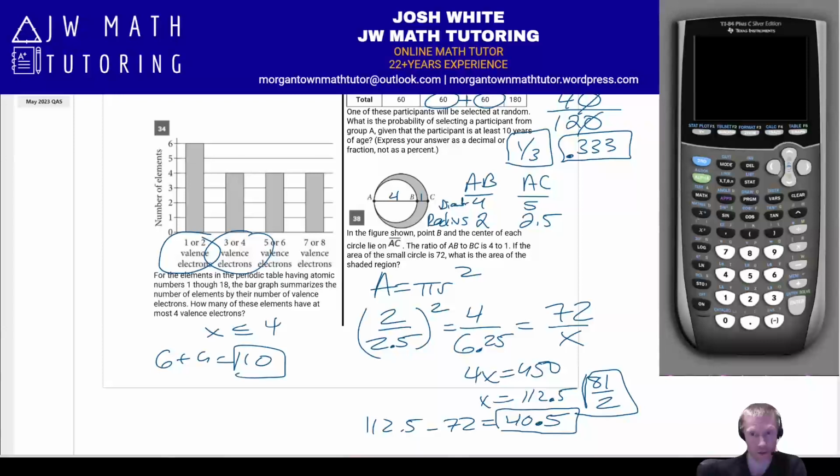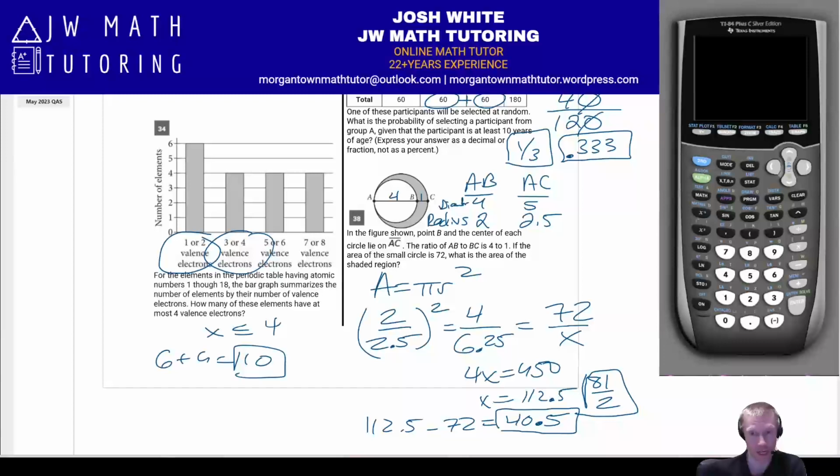But again, just to briefly review, I did the diameter of small to large, and then I found the ratio of the radius from small to large. And then I squared the ratio of the two radii.